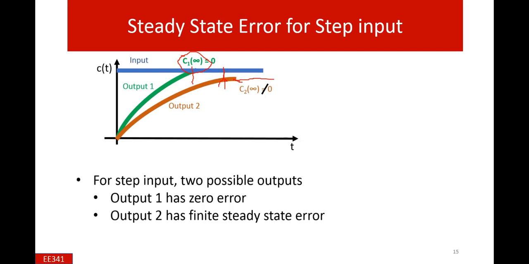So this is the vertical difference between the input and output. This is the steady state error. So in this example, we visualize the concepts of steady state error. For a single input, there are two types of output. In the next example, we visualize three different categories of the steady state error.